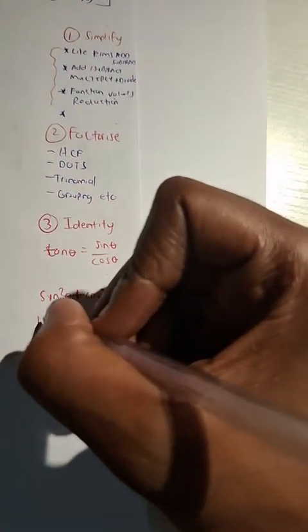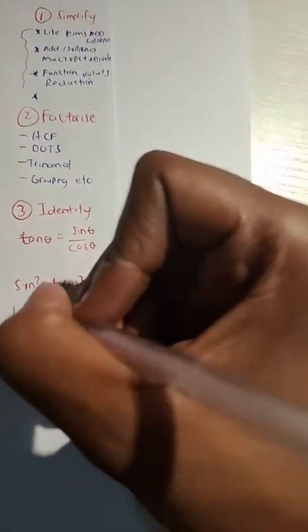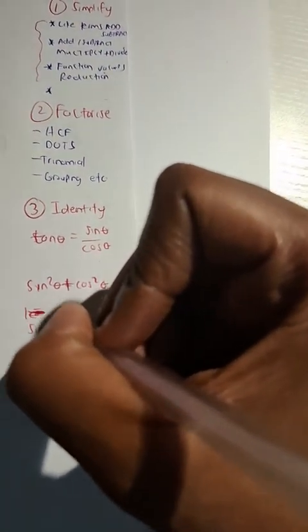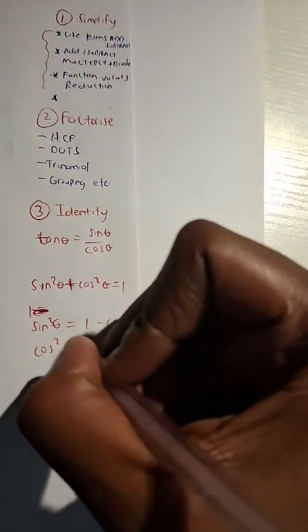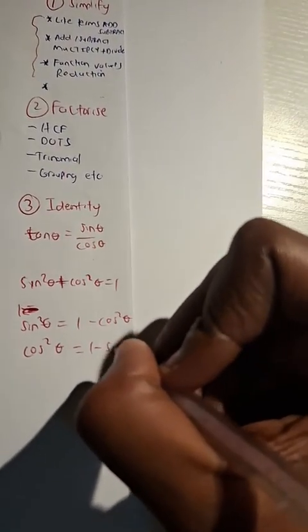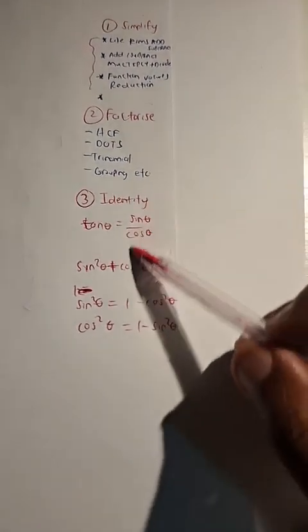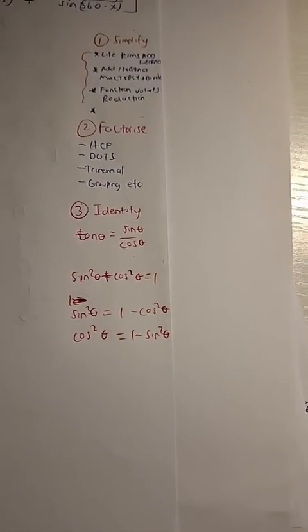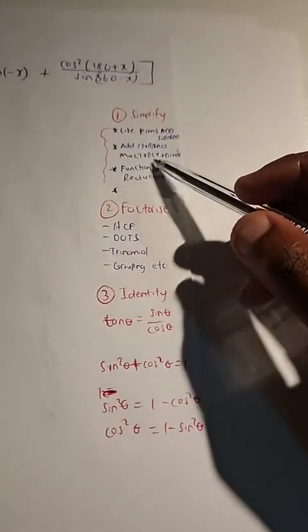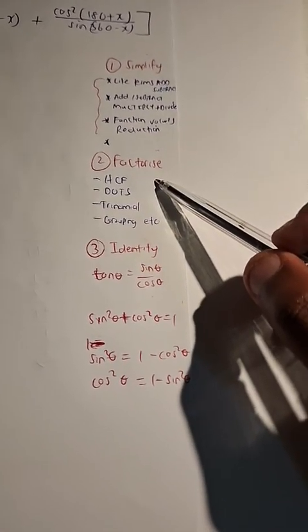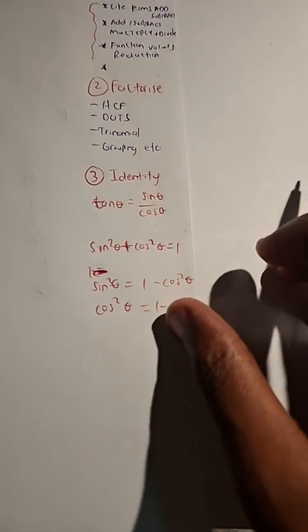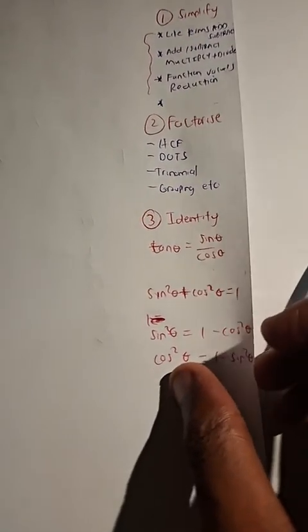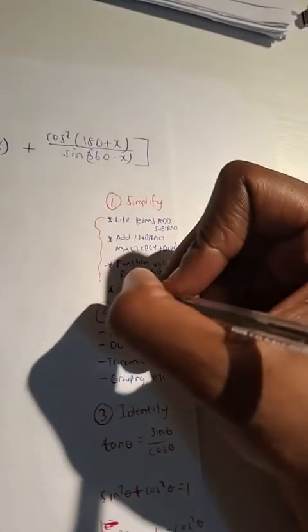Alternatively, 1 minus sine squared theta can be written as cos squared theta, and vice versa, cos squared theta can be written as 1 minus sine squared theta. Sometimes identities loosen up the situation so that you can simplify further.